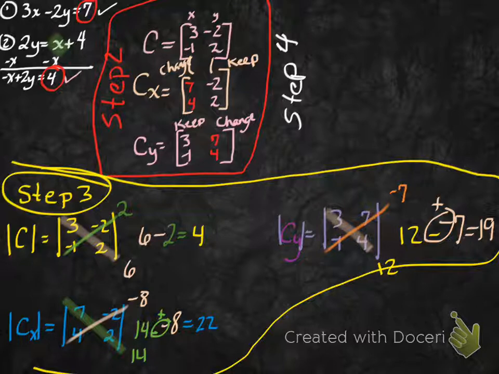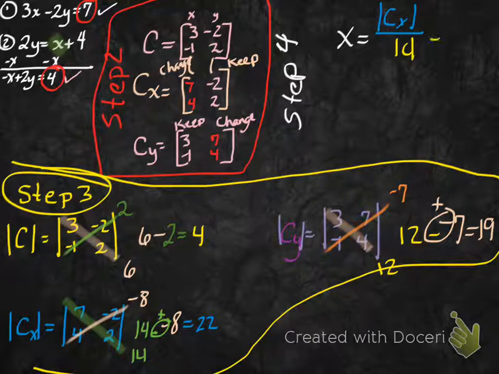When we create our ordered pairs, the rule is x is equal to my C sub x, that discriminant, divided by my discriminant of C. So in our case, C was 4. My C sub x was 22, which can reduce to 11 halves.